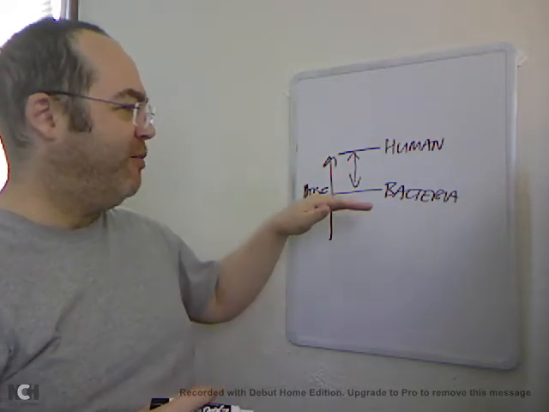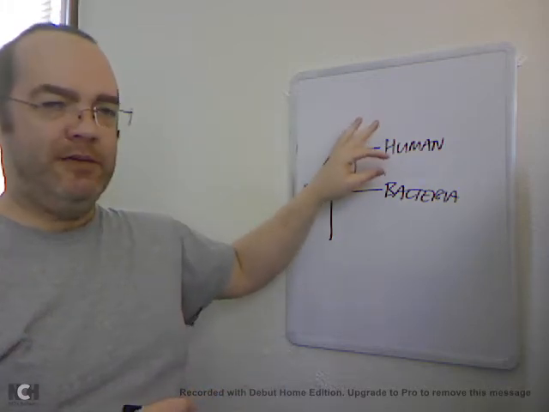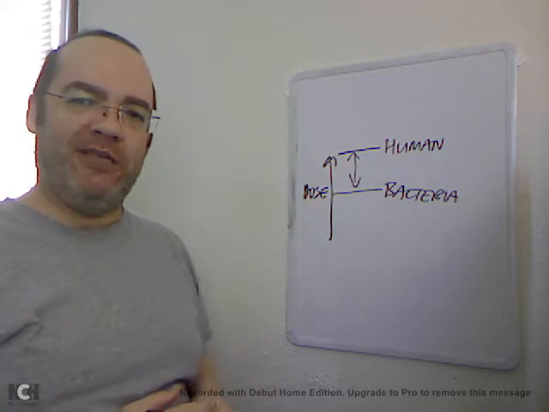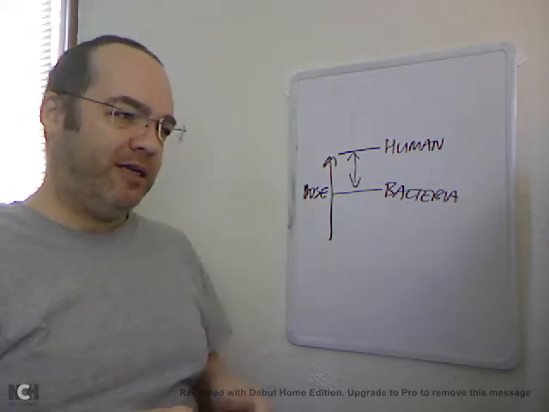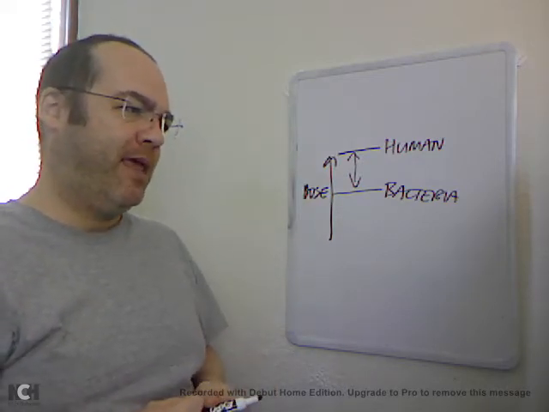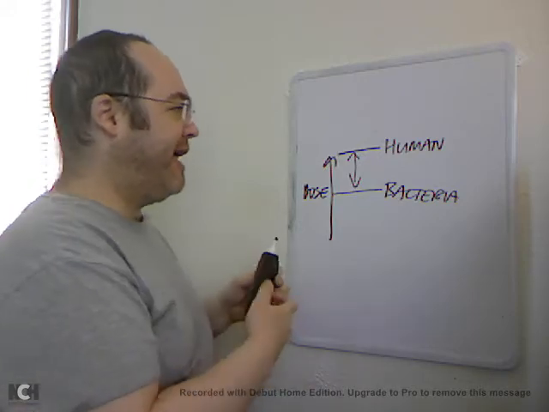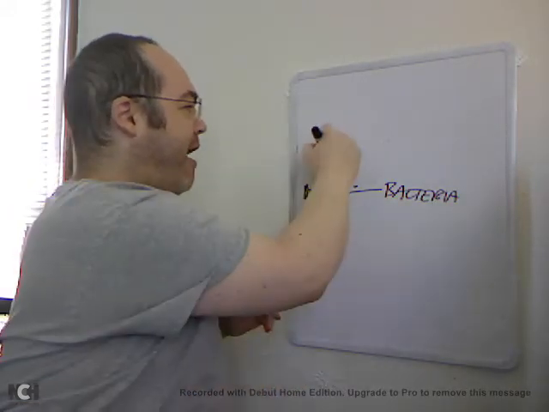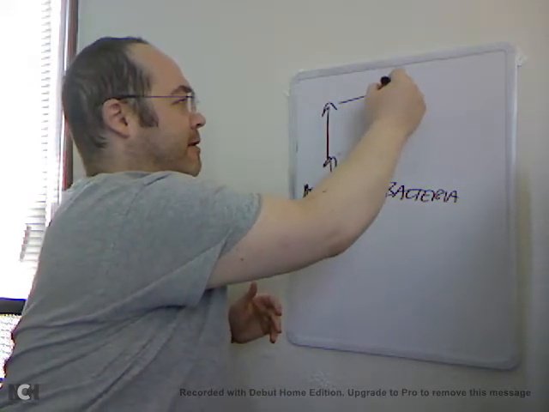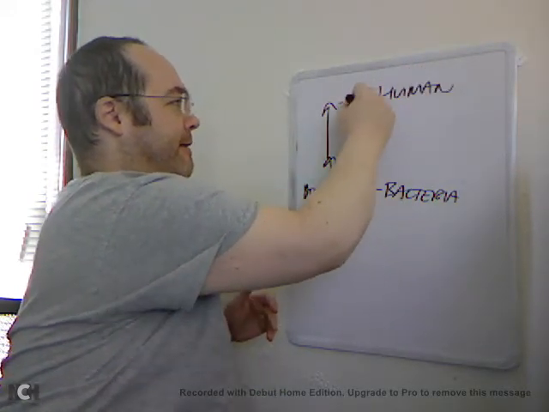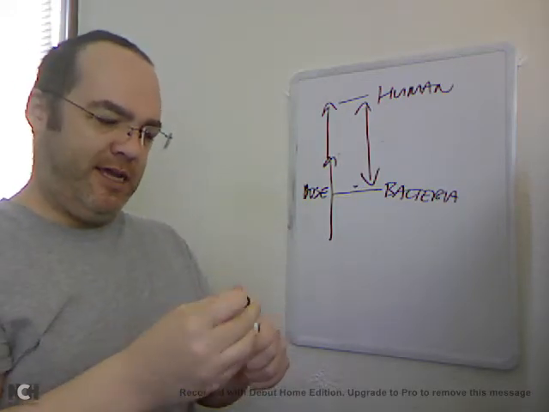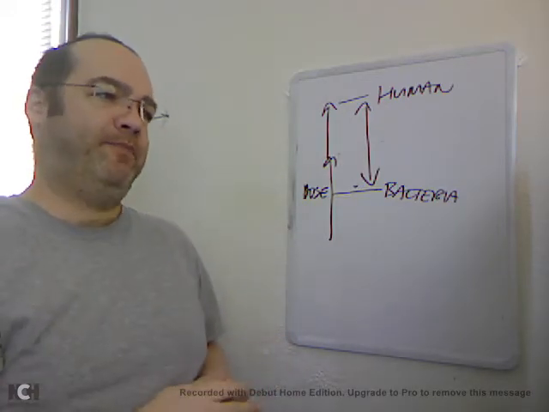If the therapeutic index is low, it means there's not much of a gap between where you're hurting the bacteria and where you're hurting the human. If the therapeutic index is high, that means the gap between hurting the bacteria and hurting the human is bigger.